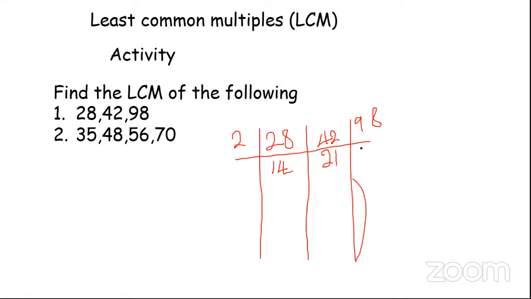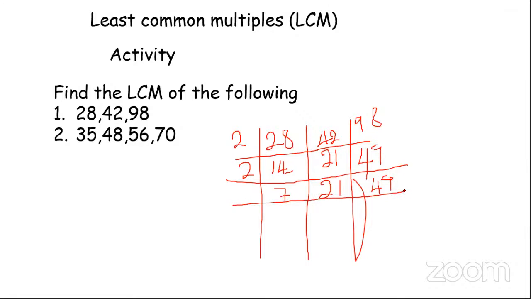Do we still have a number divisible by 2? Yes. So we shall still divide by 2, and this will give us 7. This is not divisible by 2, and this one is also not divisible by 2.